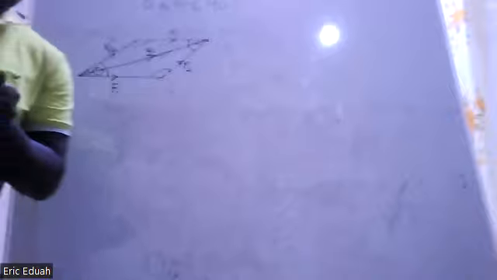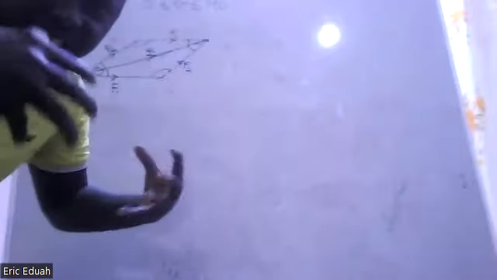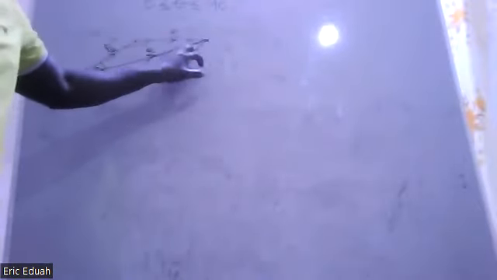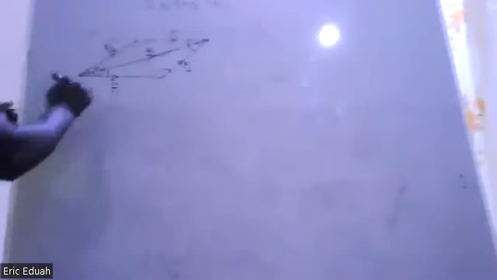So with a parallelogram, every two opposite interior angles are equal. If this is 30, this will also be 30. If this is whatever, this will also be whatever, right? Yes, please. Thank you.